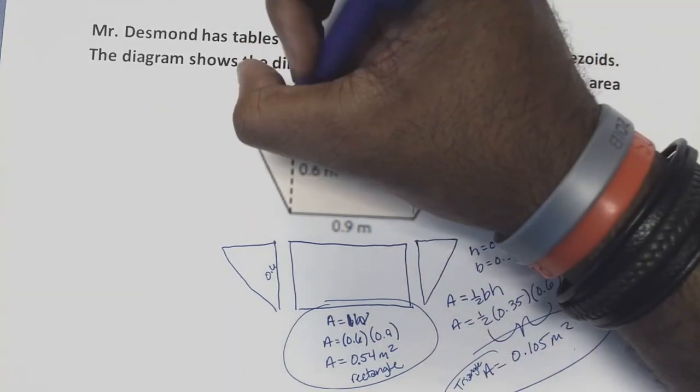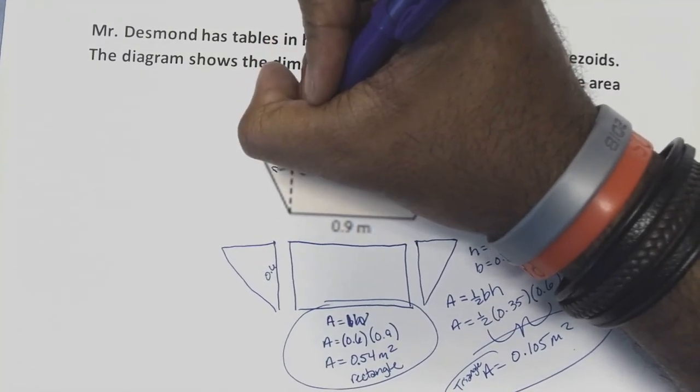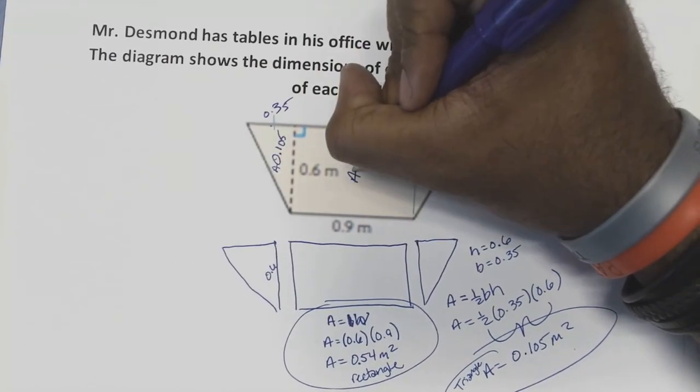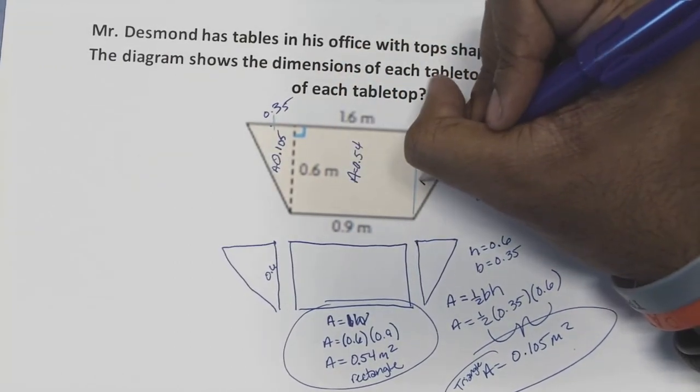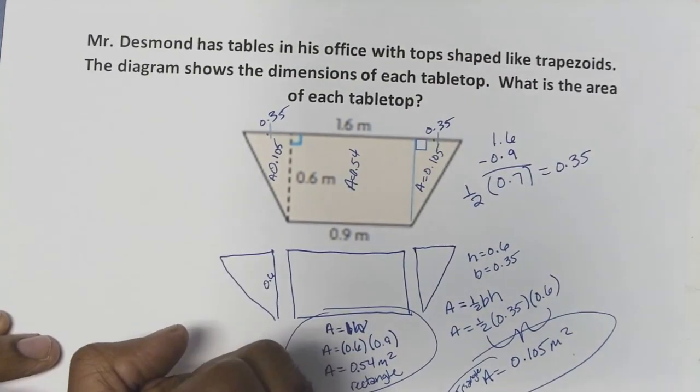So I know the area of this triangle was 0.105. The area of this rectangle, and the area of this triangle is what? So now I can add them all together.